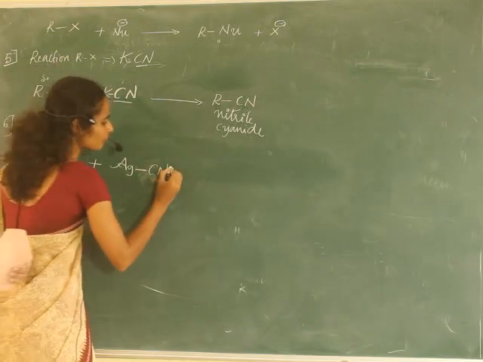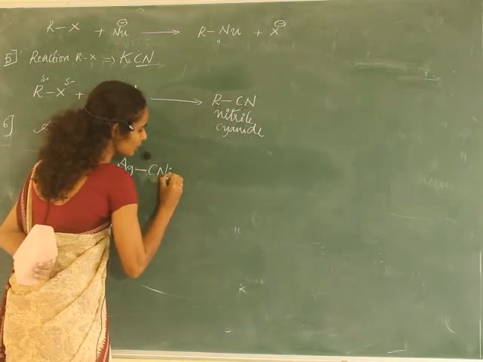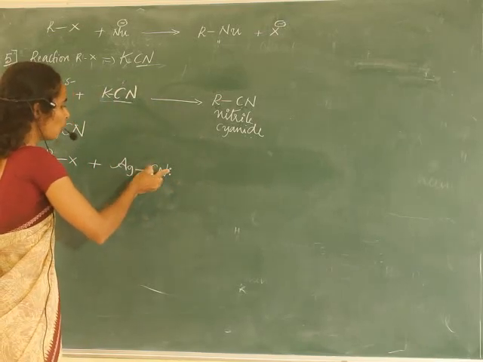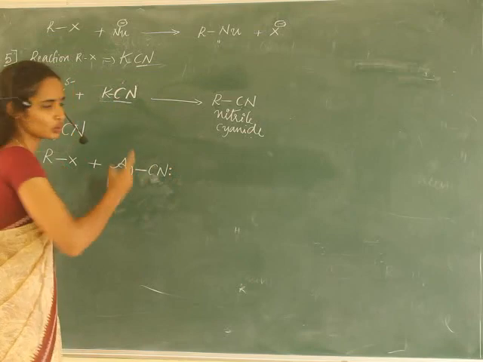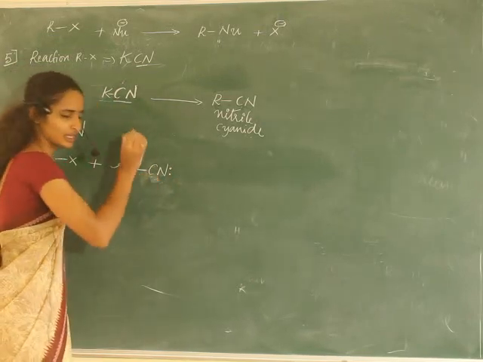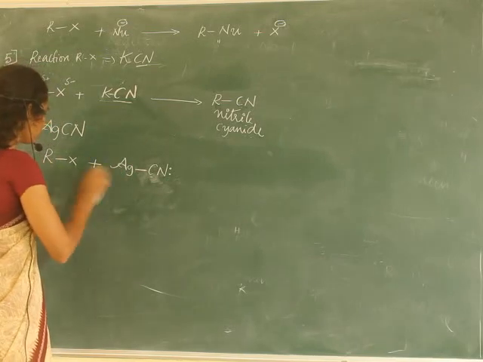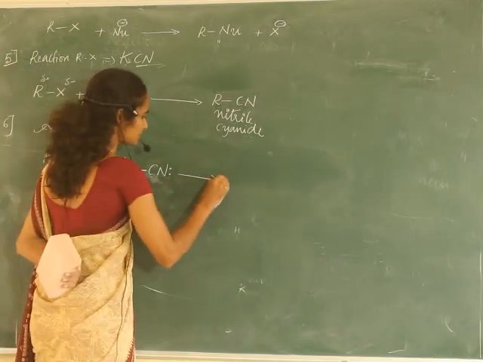Therefore, there are free electrons on the nitrogen atom, hence bond formation takes place through the nitrogen atom, not through the carbon atom, because of the covalent nature of AgCN. Hope it is clear.